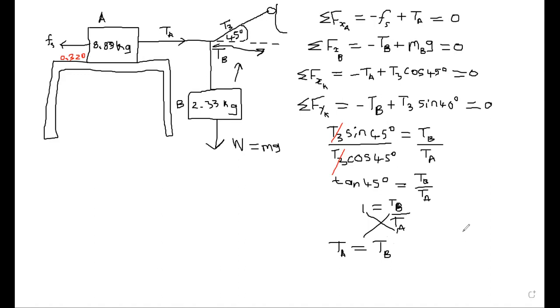Now that we know that TA is equal to TB, right? Let us substitute that into the equation from step 2. Let's do that. So let us substitute it here.